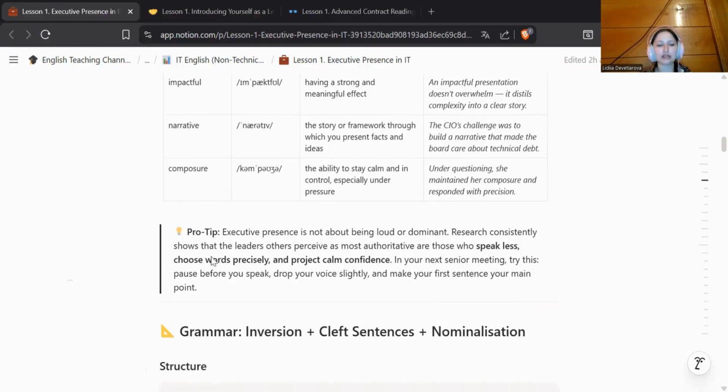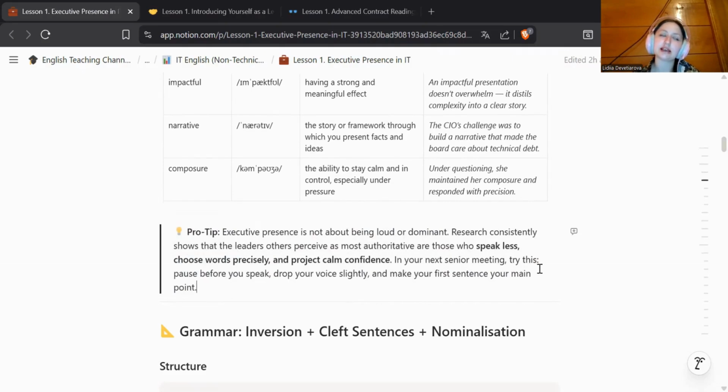And a little pro tip for you: executive presence is not exactly about being loud or dominant.